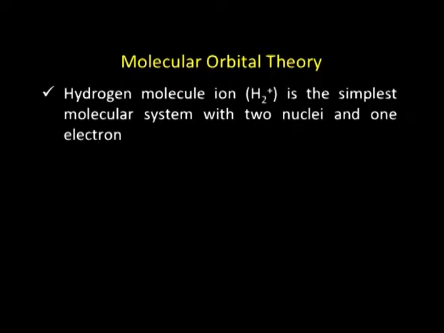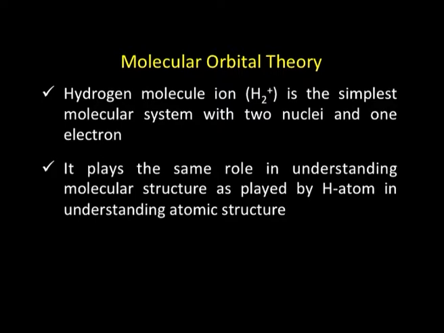Similarly, when we talk about molecules, the hydrogen molecule ion, which is two nuclei, that is two protons, and one electron, is the simplest possible molecular system we have. So, it plays the same role in understanding molecular structure as is played by the hydrogen atom in atomic structure.